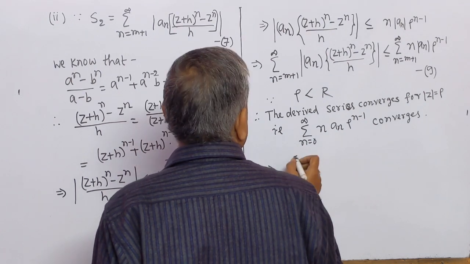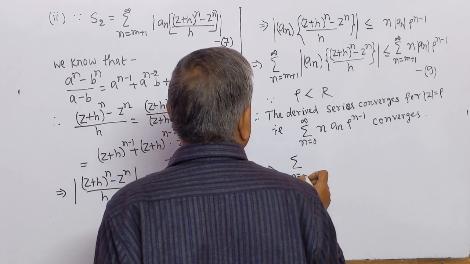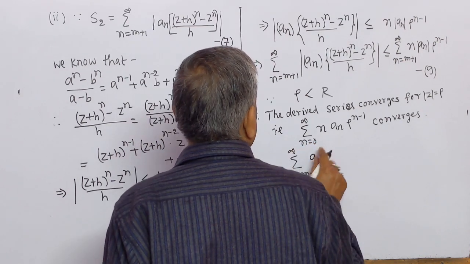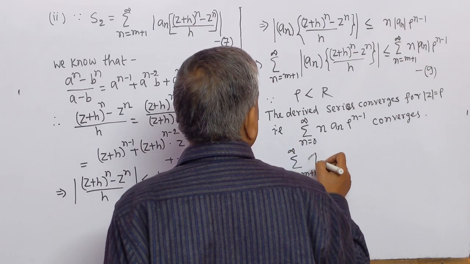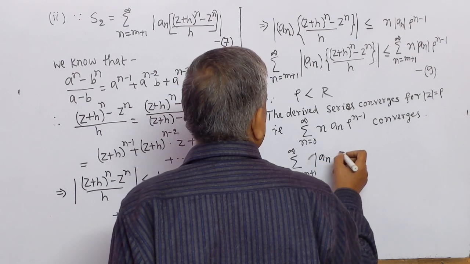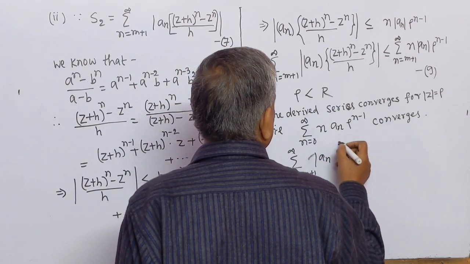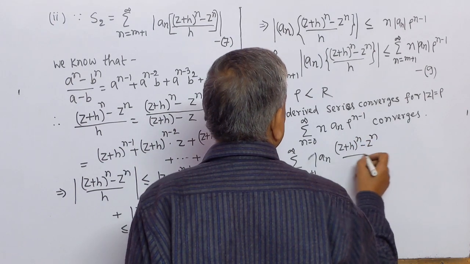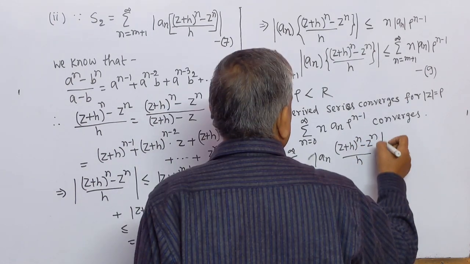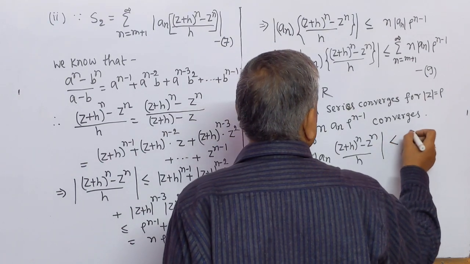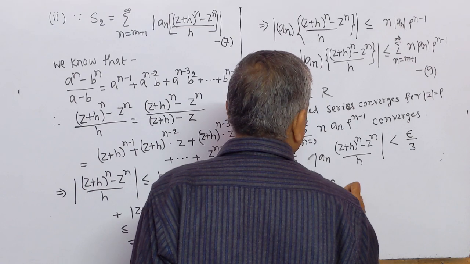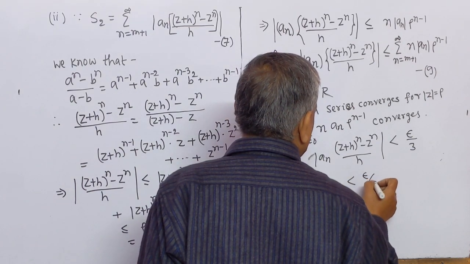This implies that sigma n equal to m plus 1 to infinity modulus of an into (z plus h to the power n minus z to the power n) by h is less than epsilon by 3, implies that S2 is less than epsilon by 3.